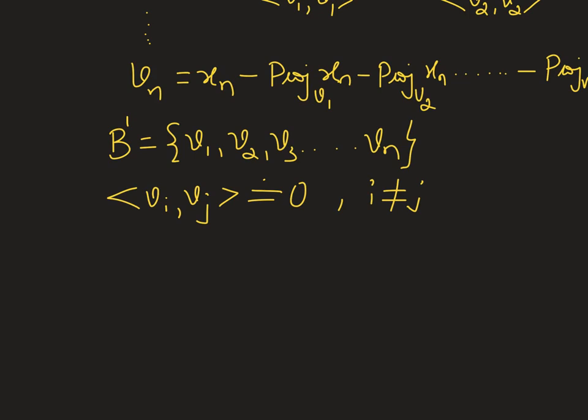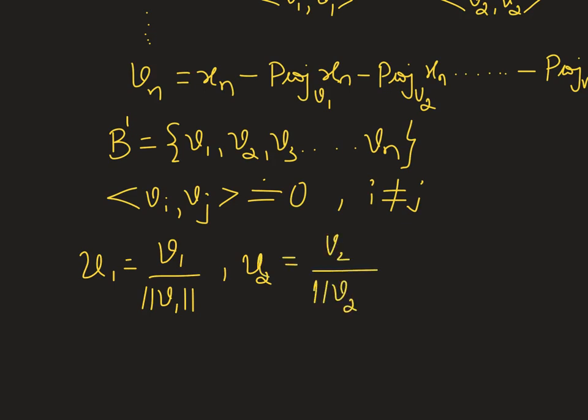Then let us make the orthonormalization, that is u1 is equal to the first vector v1 divided by the norm of v1, and u2 is equal to v2 divided by the norm of v2, and u3 is equal to v3 divided by the norm of v3.